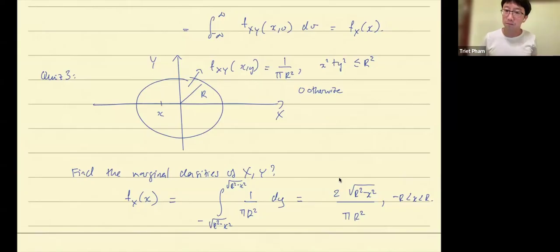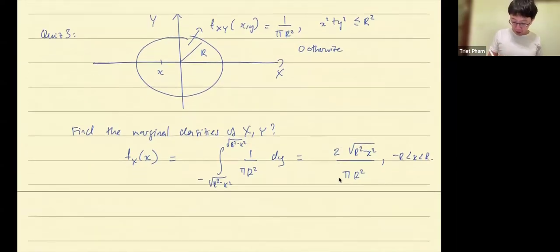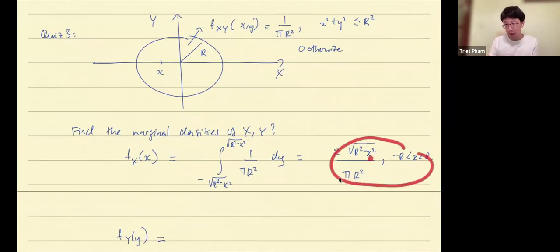Any question? What about Y? You should expect that the answer for Y is the same, replacing this with Y, because it's symmetric. And that's true.